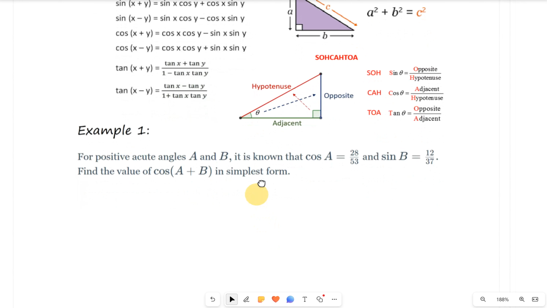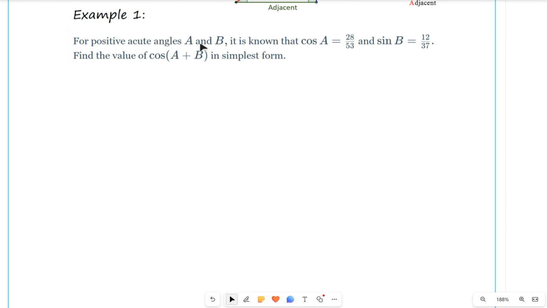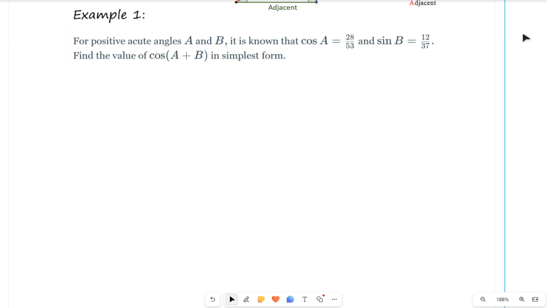So in example number 1, positive acute angles A and B are being given, and they are saying that the cosine from angle A perspective, so if you're standing at angle A, the cosine is going to be 28 over 53. Now, what does that mean?